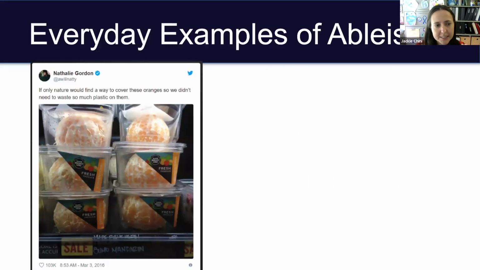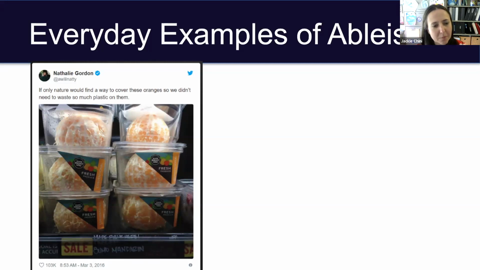Some everyday examples of ableism. On the left of the screen is a tweet that went viral back in 2016 or so when Whole Foods started selling peeled oranges in a little container. And the tweet reads, if only nature could find a way to cover these oranges so we didn't need to waste so much plastic on them.